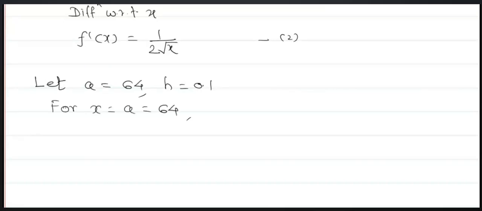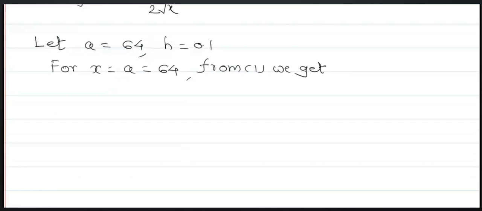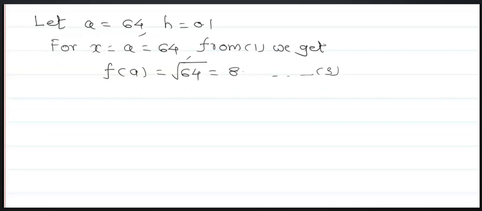For x is equal to a is equal to 64, and from 1 we get f of a is equal to root of 64, that is equal to 8. This is the third. Now we'll find the value of f of a plus h into f dash of a.